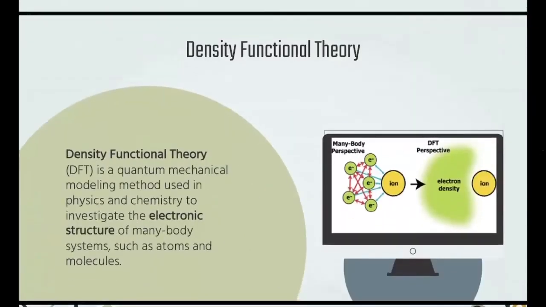So first, I'm going to talk about what density functional theory is, and this is a brief introduction to it. It is a quantum mechanical modeling method used in physics and chemistry to investigate the electronic structure of a many-bodied system, such as atoms and molecules. I really want to emphasize the many-body systems because there are different types.